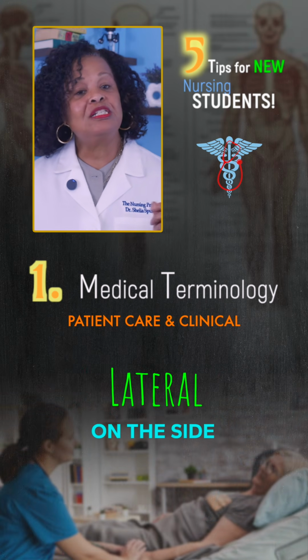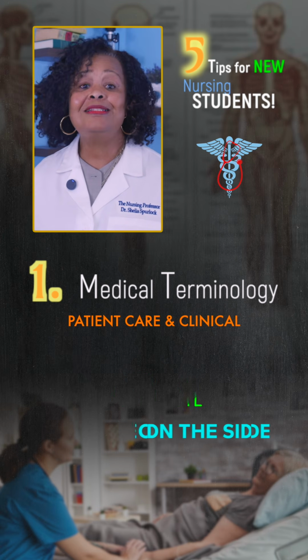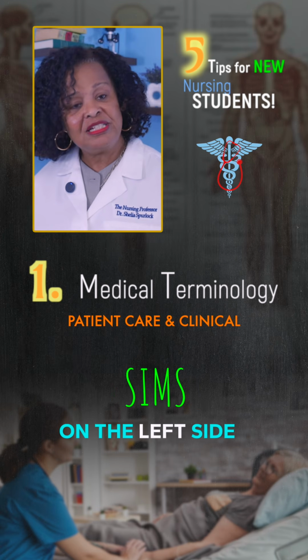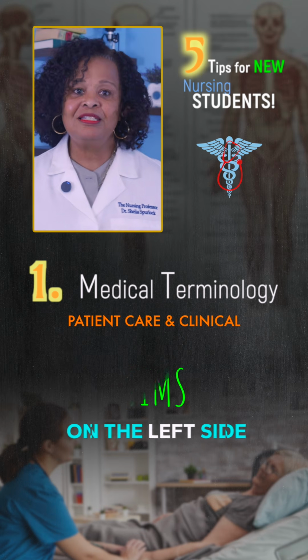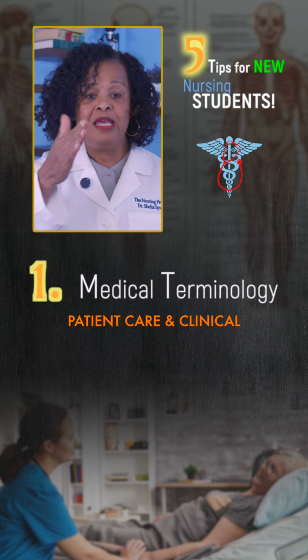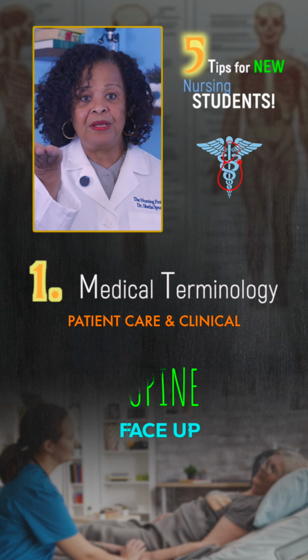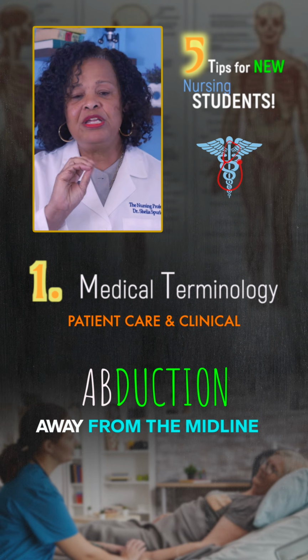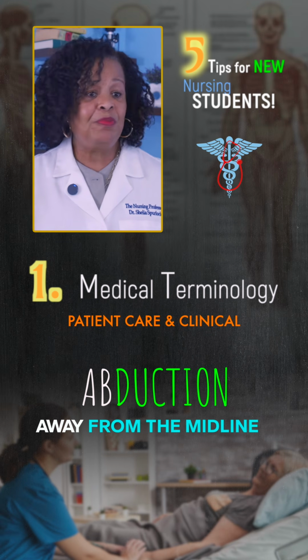Lateral means that person is on their side. Sims means that person is on their left side. So think of how you sleep at night. You move from one side to the next. Prone means that you're face down. All right. Supine means you're face up. Abduction, I remember this by thinking of when we hear of a baby being abducted.